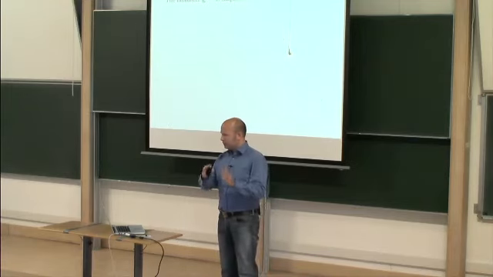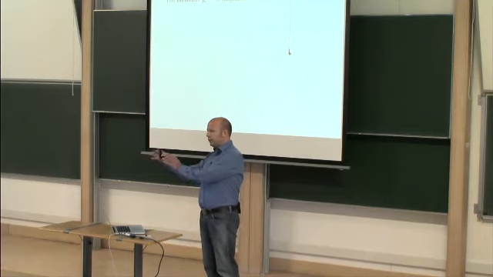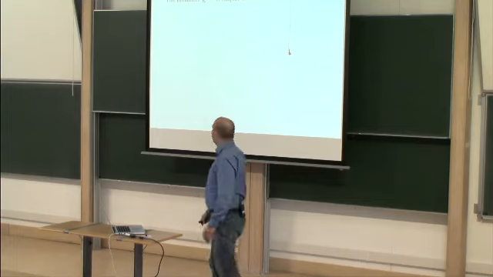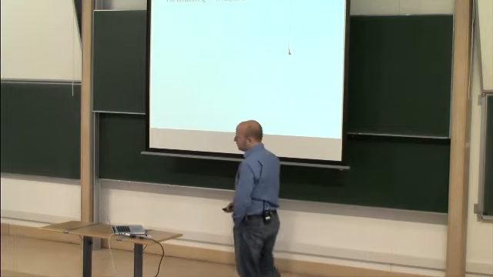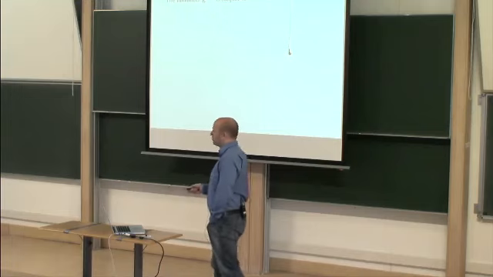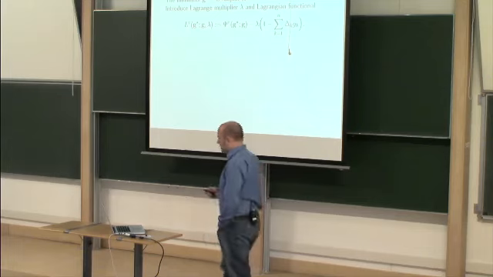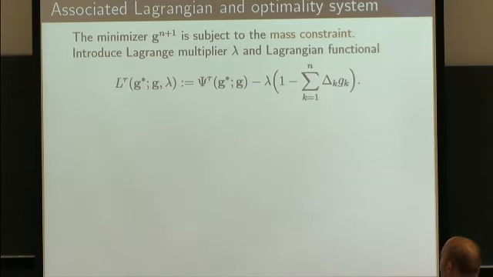We have gone over from the original formulation of the optimization problem to the Lagrangian formulation and over to the fully discrete one. But the minimizer is still subject to the mass constraint. We don't only have to minimize the functional, but also the solutions at the new time step have to fulfill the mass constraint. So let's introduce a Lagrange multiplier and the Lagrangian functional associated to this optimization problem. So it consists of the discretized functional psi and this constraint here.